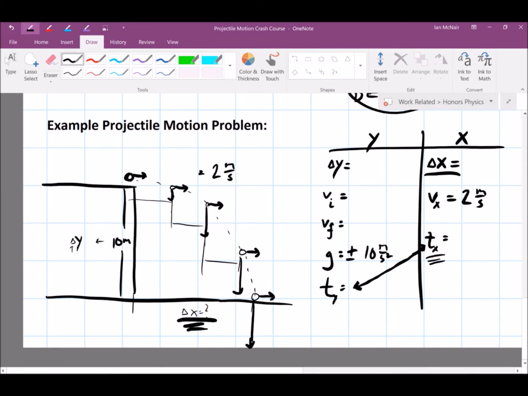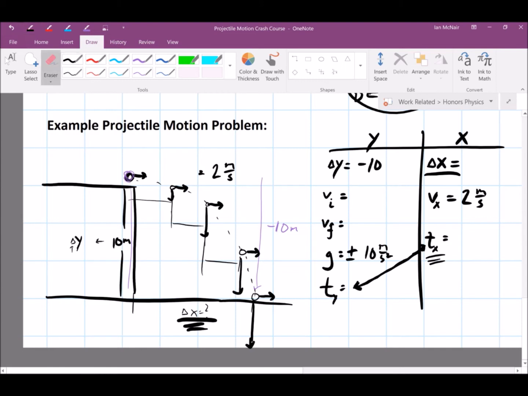So our y, if we were really to look at it, our projectile starts up here, and then it moves downwards, right? Moves downwards over here. So it actually has a negative 10 meter change in y. We'll put negative 10.